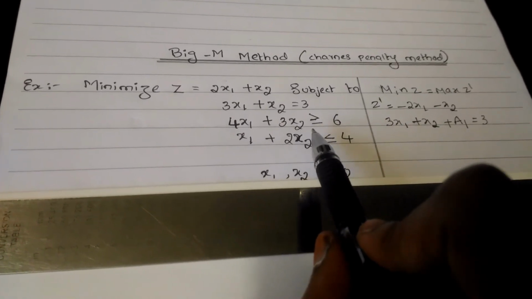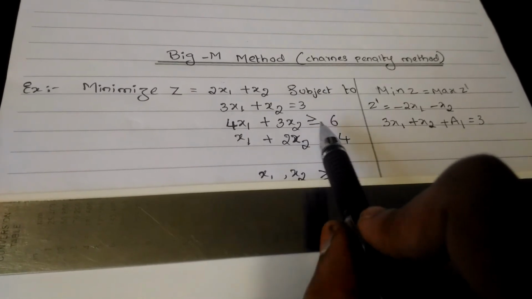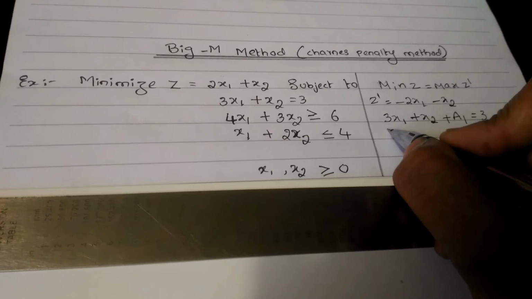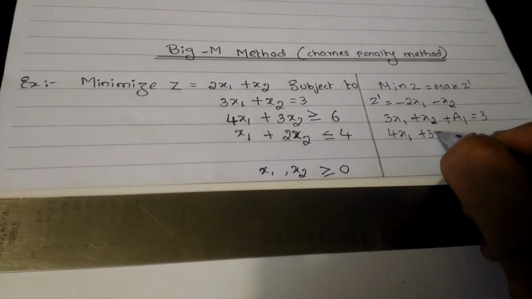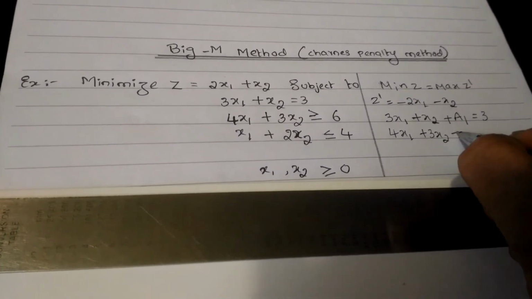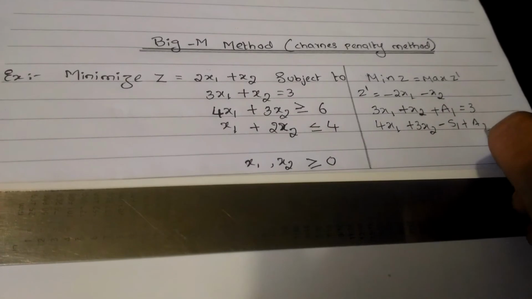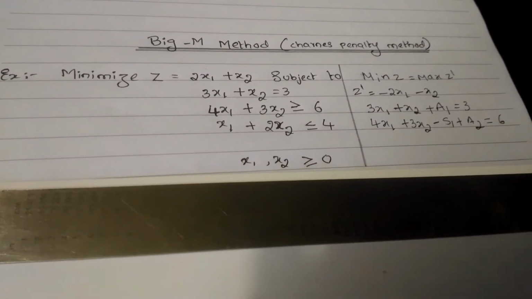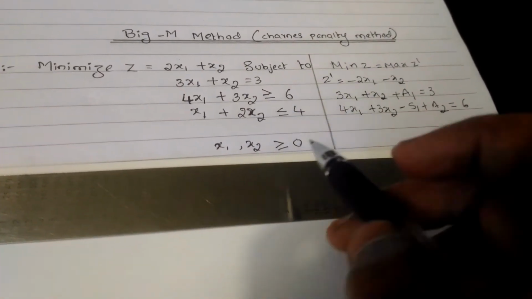With this we understand that we will have to subtract a surplus variable and add an artificial variable in order to convert this subject to constraint into an equation. That would be 4x1 plus 3x2 minus s1 plus a2 is equal to 6. With this, we have converted the second subject to constraint into an equation.